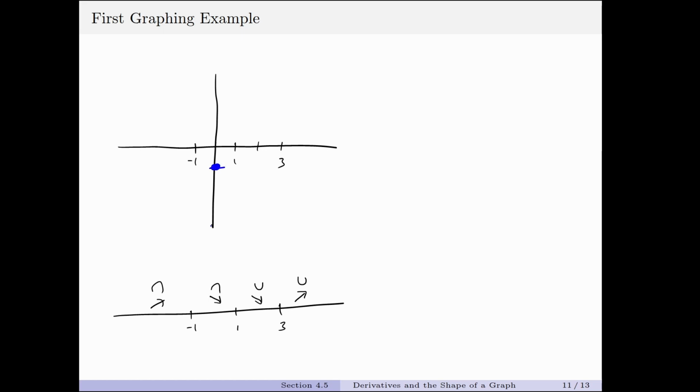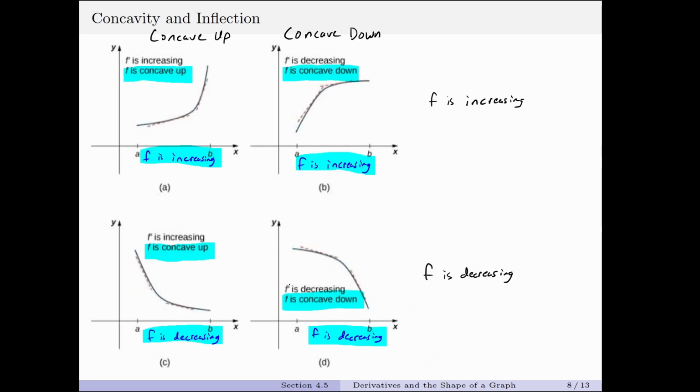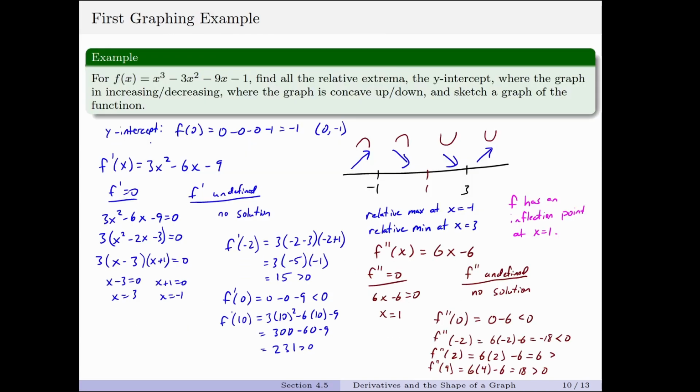Okay, what I like to do when I'm drawing my graph is to look at this information we have about concavity and increasing and decreasing and use it to draw a piece. So remember back here, we had these pieces of the graph, right? So here this was increasing and concave up, and I had this piece. Or I could think of concave up and just take the increasing side of it.